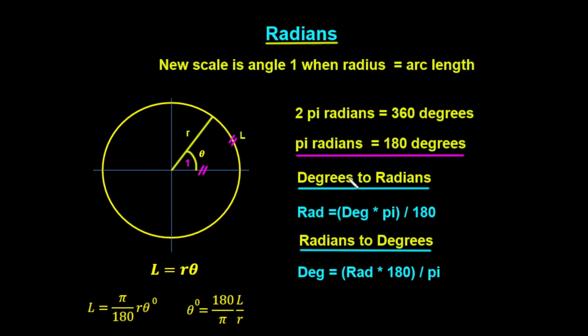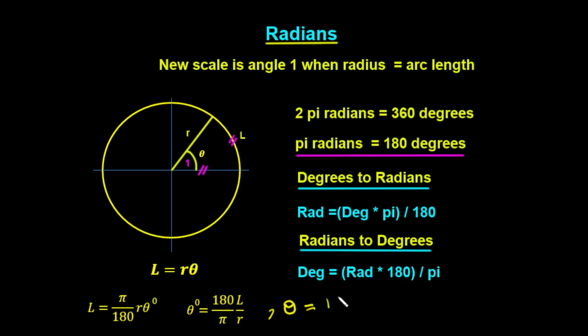Now if we wanted to go from degrees to radians, then in this instance here we have theta in degrees. If we wanted this to be theta in radians, so if we put theta again without the little degree sign, we assume that means radians. In order to get that into theta in radians, we've got to get rid of this 180 upon pi. So we get rid of it by multiplying by pi upon 180.